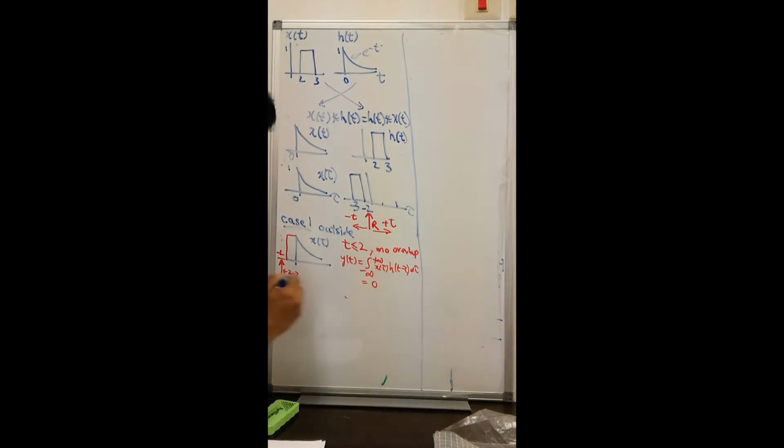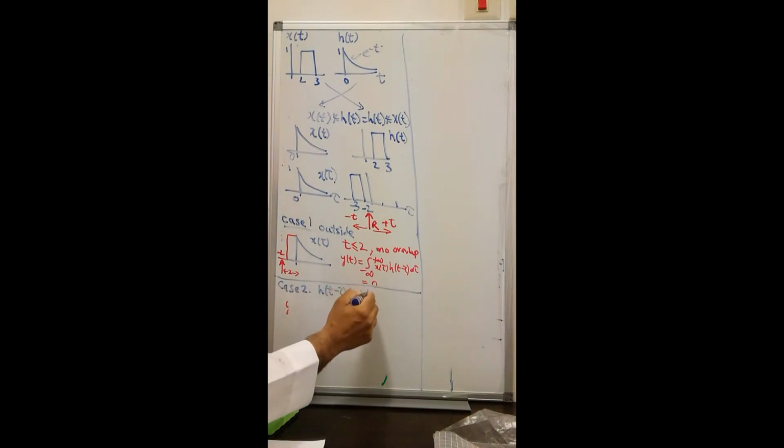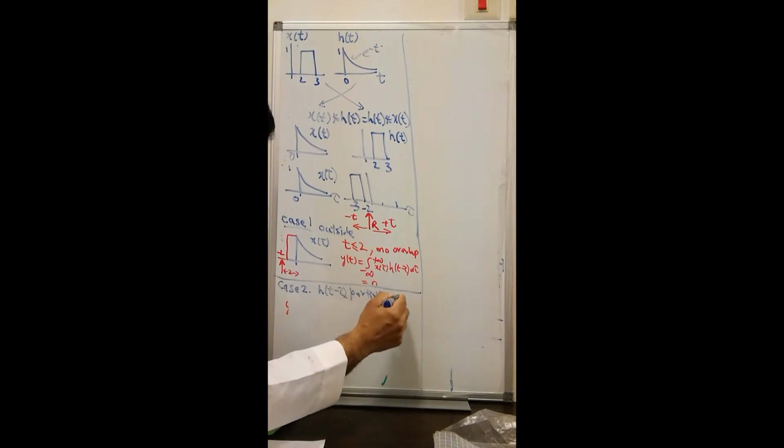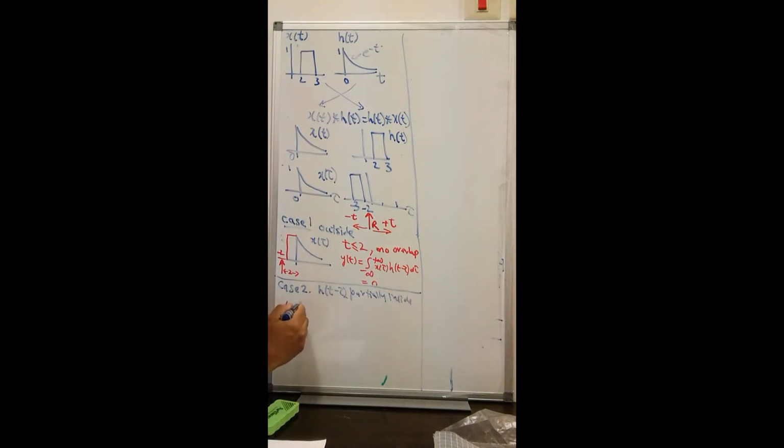Now let us move to case 2, which is h of t minus tau partially inside. I have my reference, minus 2, and this is my x of tau, and my rectangular pulse is coming inside partially.